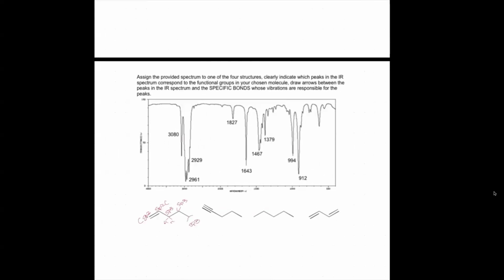These are my hydrogens, I just draw lines. I would always draw my line right here at 3000. These are my sp2, and these are my sp3. Did I get that backwards? No, that's right. sp2 and then sp3.